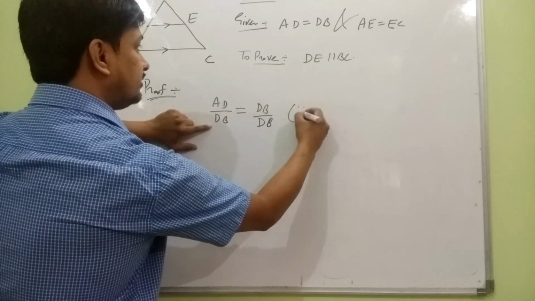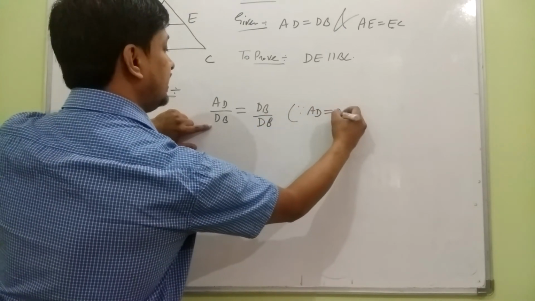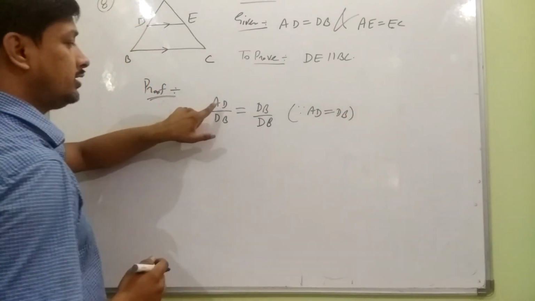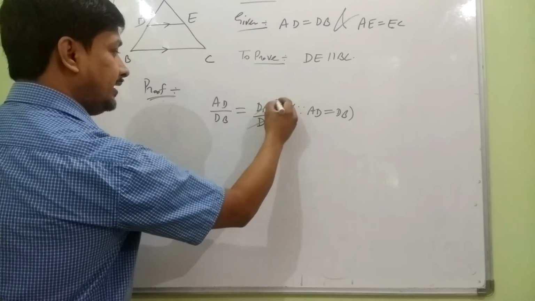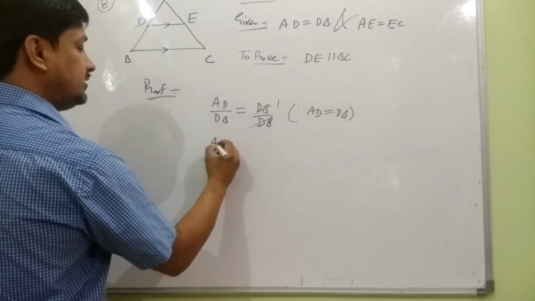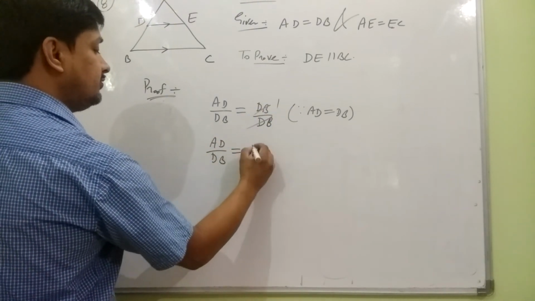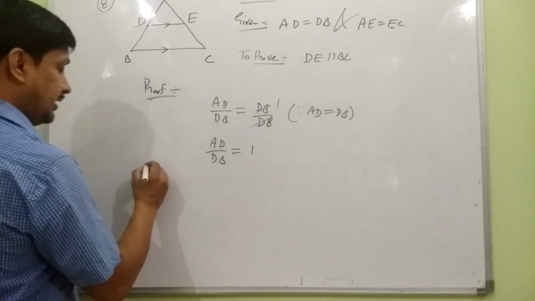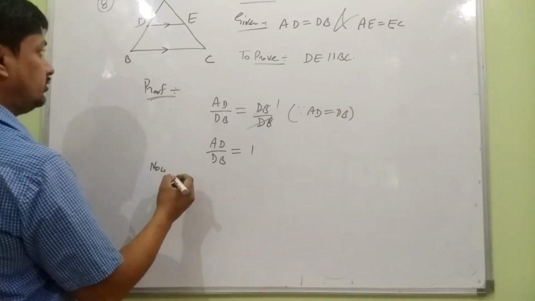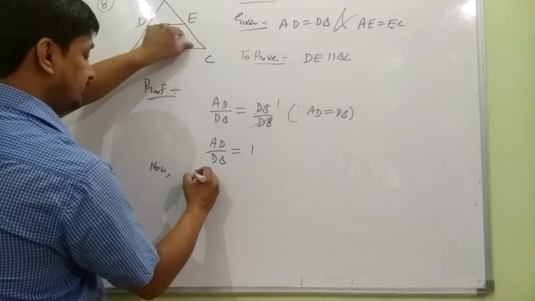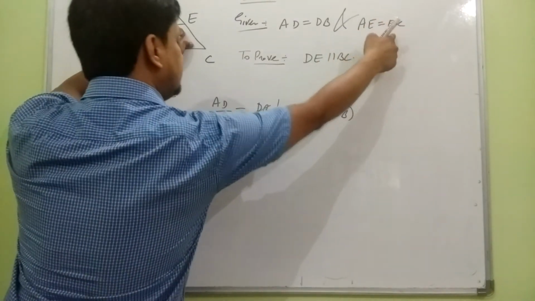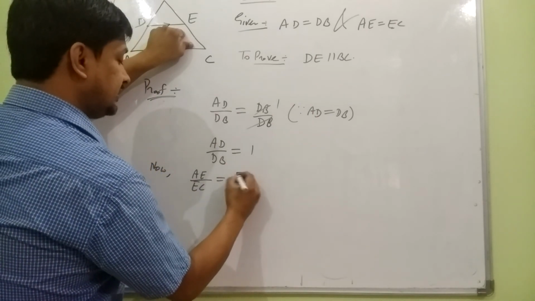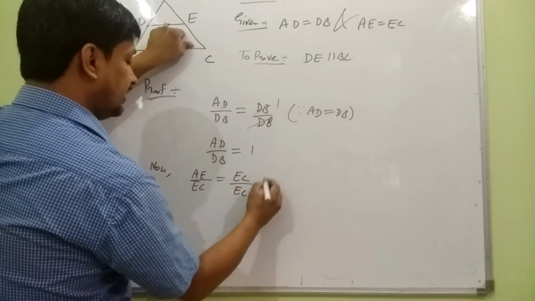What we have done? Since AD equal to DB, we have put DB in place of AD here. So DB is cancelled by DB. So it means AD and DB give the ratio of 1. Now, for the other ratio, AE upon EC. You know AE is equal to EC, so can we put EC in place of AE?